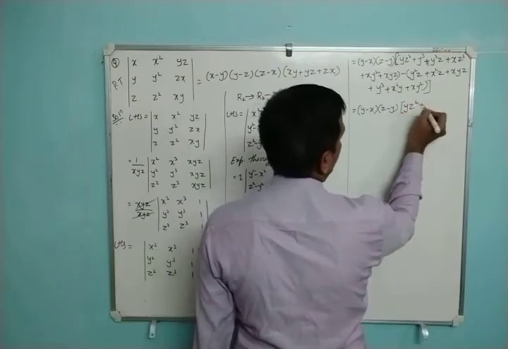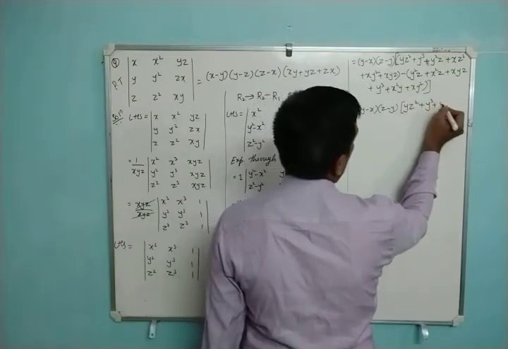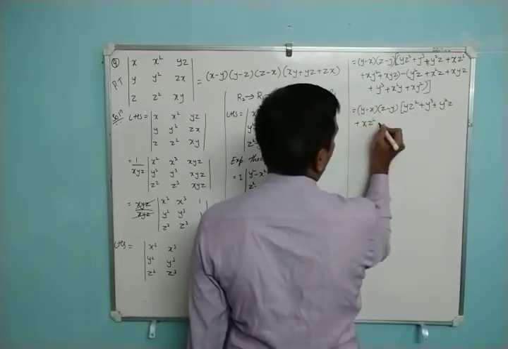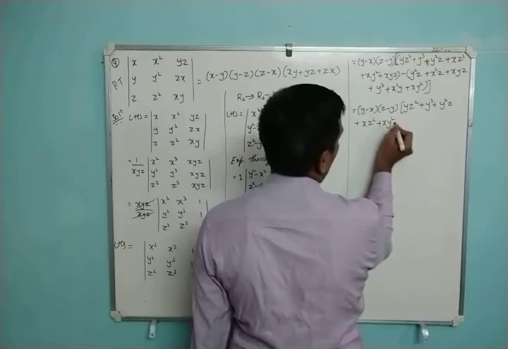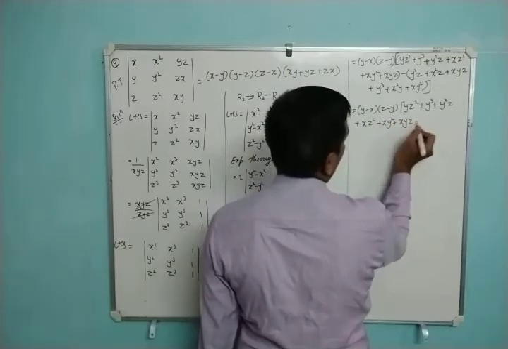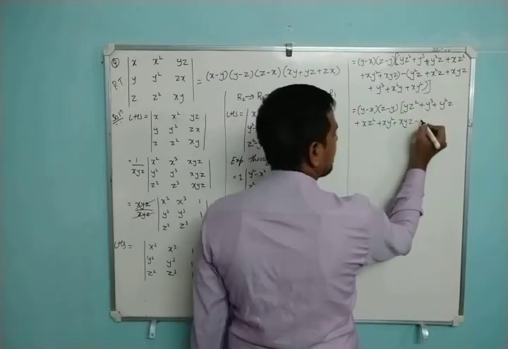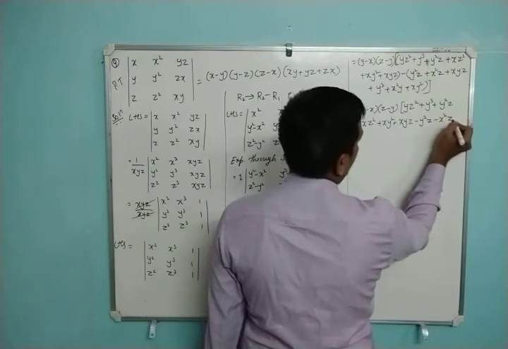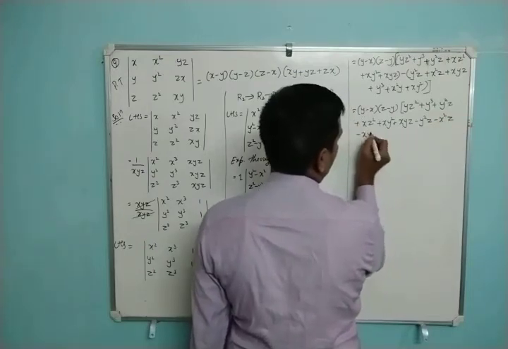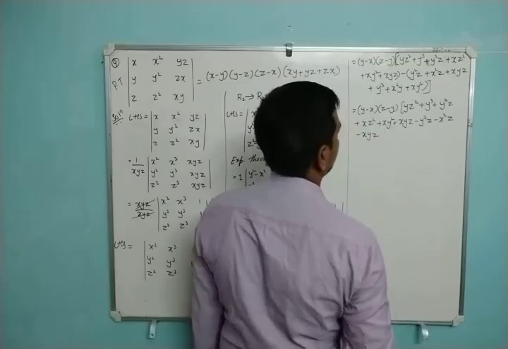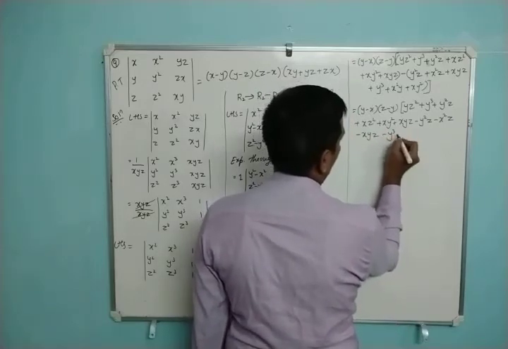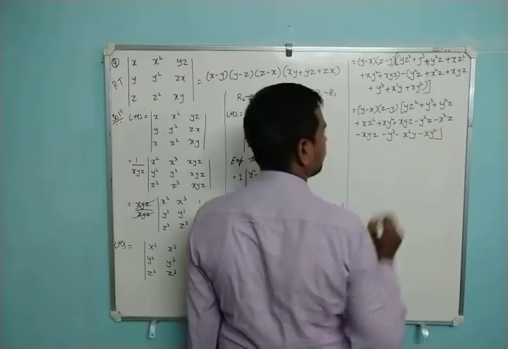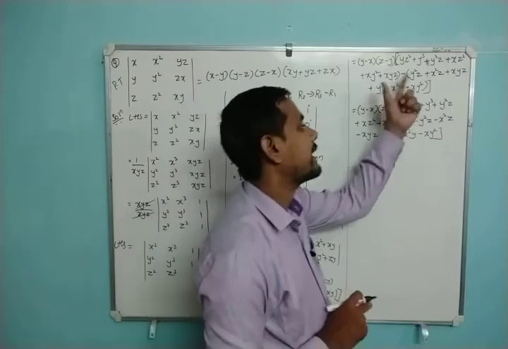Yz square plus y cube plus y square z plus xz square plus xy square plus xyz minus y square z minus x square z minus xyz minus y cube minus x square y minus xy square. Okay, this will be the entire value inside.